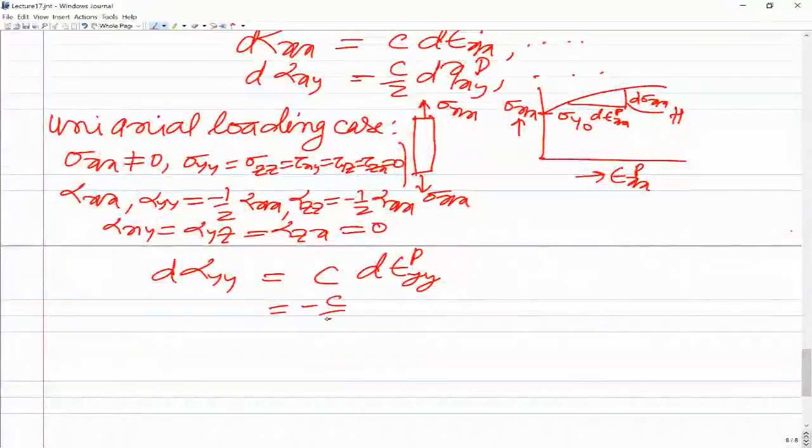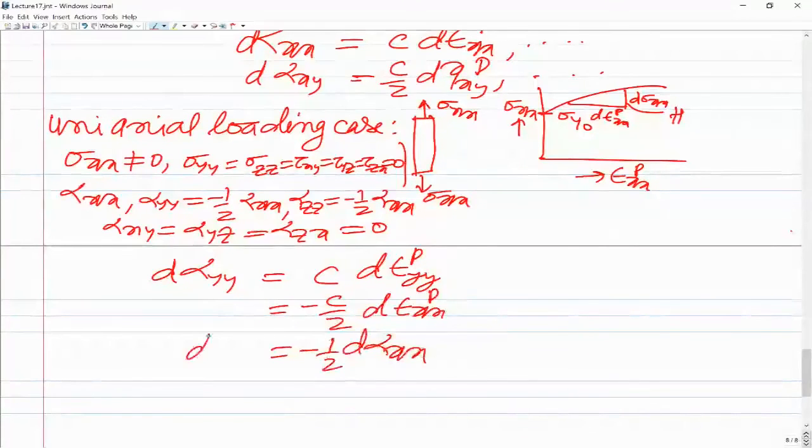So we get minus C by 2 into d of epsilon xx p. And C into d of epsilon xx p is d of alpha xx. So I can write minus half into d of alpha xx. So d of alpha yy is this, and you can say that alpha yy would be minus half of alpha xx.